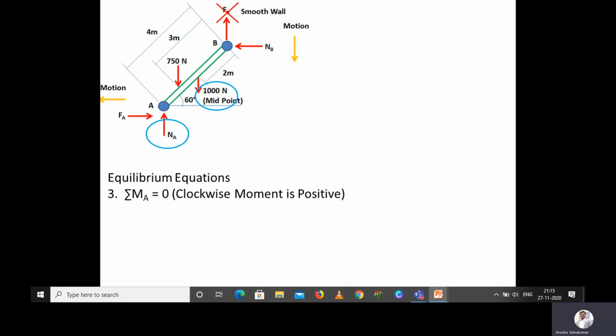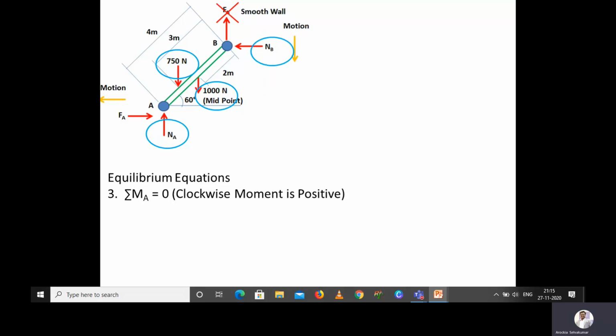Next we have the 1000 Newton force, so we have to calculate the perpendicular distance with respect to A, and then we have 750 Newton, for which also we have to calculate the perpendicular distance with respect to A to calculate the moment. So 750 Newton and 1000 Newton are acting towards down, so with respect to A they will create a clockwise moment.